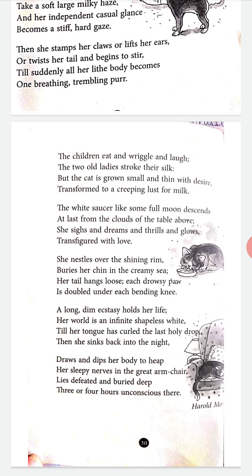Okay, now after all this waiting, finally there is a white saucer filled with milk, and the poet is comparing the white saucer filled with milk to a moon, and the table he is comparing to the clouds.